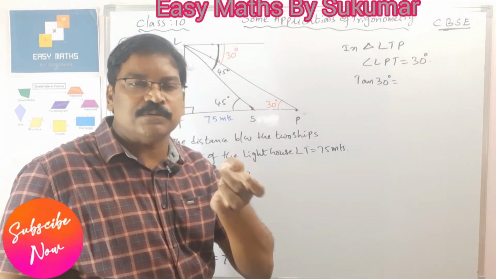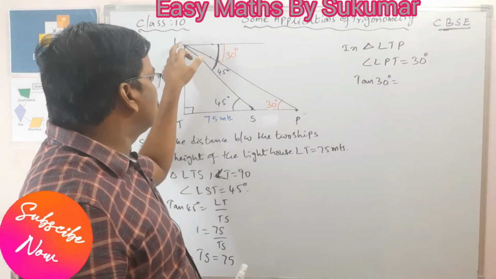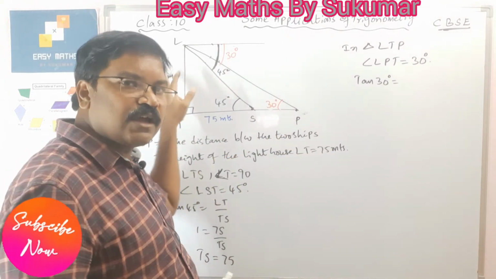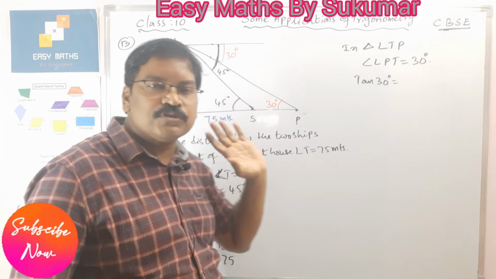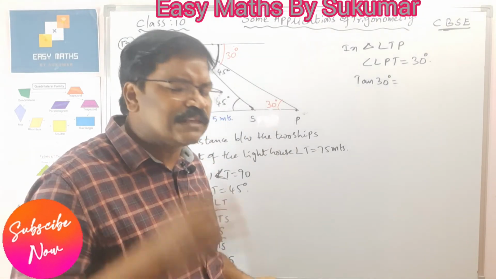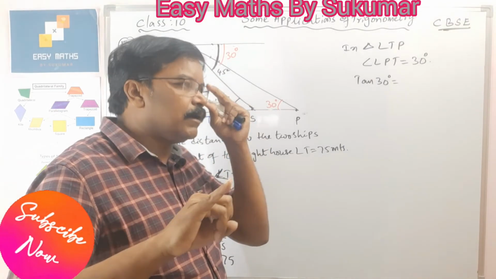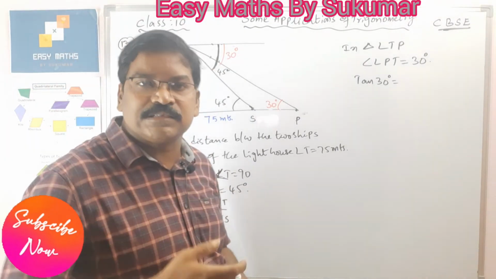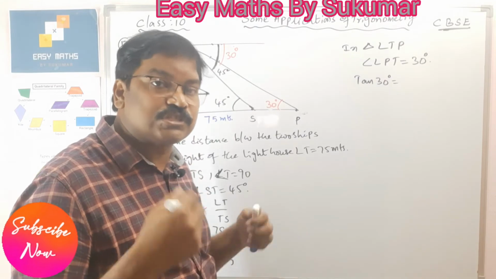Only in one or two sums we use sine. When there is a relation between the hypotenuse and the opposite side or adjacent side, we use sine or cos. But for slider sums and kite sums we use sine, and all the remaining sums we use tan only.